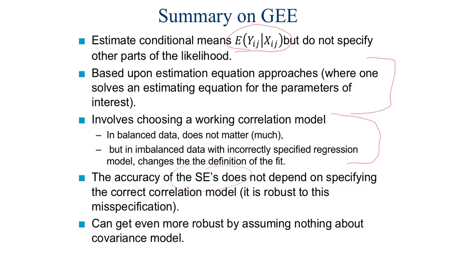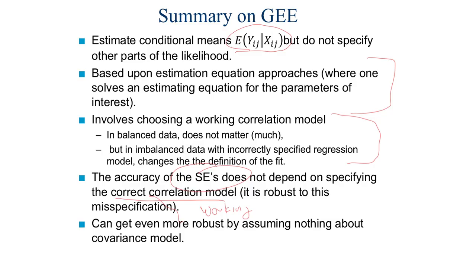The good thing is at least the standard errors are not dependent on the correct working correlation. If you don't know, anytime they say a working model, that means they're not assuming ultimately it's true. Working just means it's going to be a working model that maybe does a better job, but it's not specifying a true model.